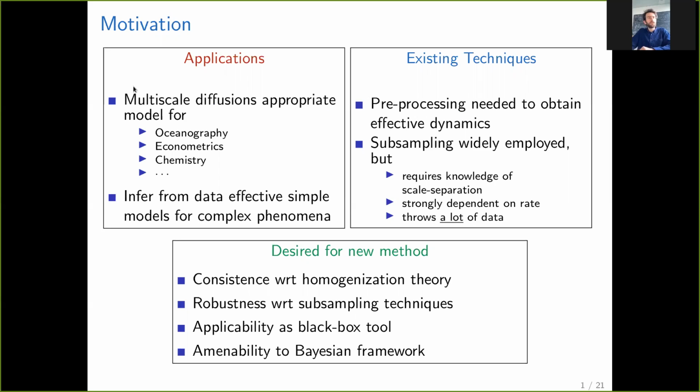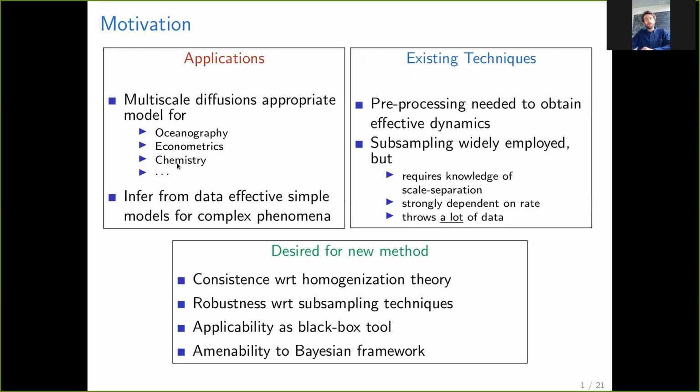So multiscale diffusions are an appropriate model in different fields of physical and social sciences. In particular, there are some applications in oceanography and atmospheric science, in econometrics, when modeling markets with micro-macro structures, and for chemical reactions which happen on different timescales.